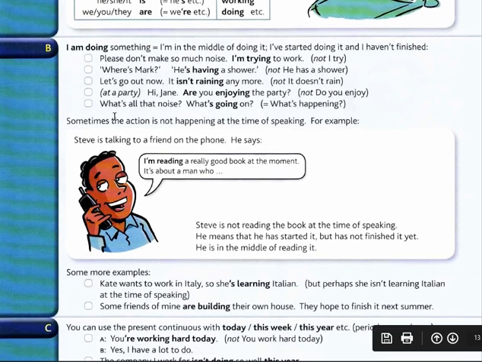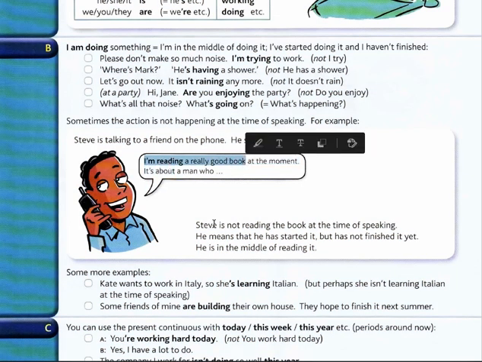Sometimes the action is not happening at the time of speaking. For example, as you see this boy in this picture, he's talking on the phone. So this boy is saying, I am reading a really good book at the moment. It's about a man who blah blah blah. I am reading a really good book. So the boy's name is Steve.